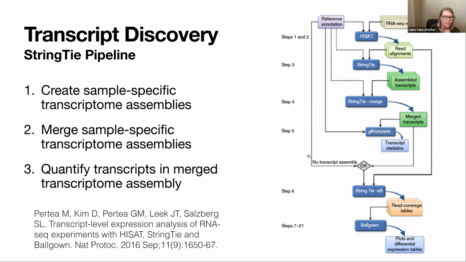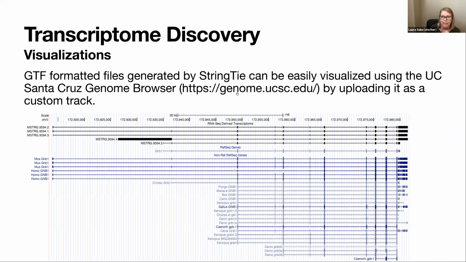And so this is just an example of what you get out of the transcript discovery, what's called a GTF formatted file. So it's basically a map of where all these transcripts are. And one of the best tools for visualizing the GTF is that you can simply upload it into the UC Santa Cruz genome browser. And so you can see here, these first 5 transcripts are ones that we derived from our transcriptome data.